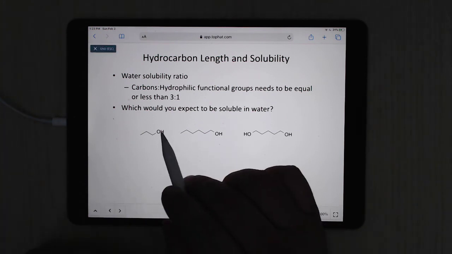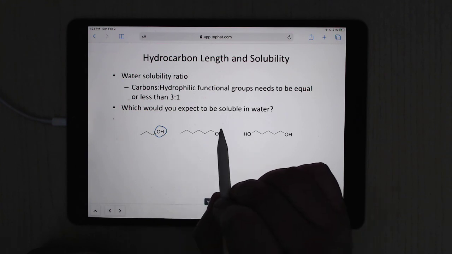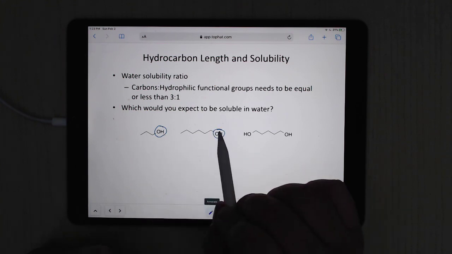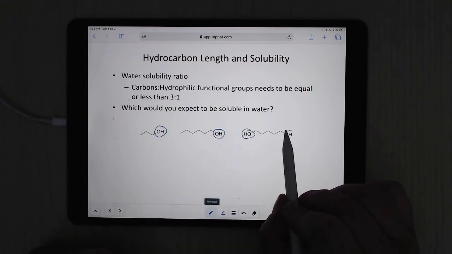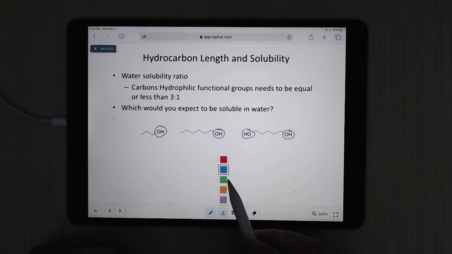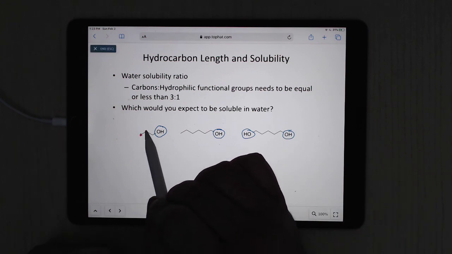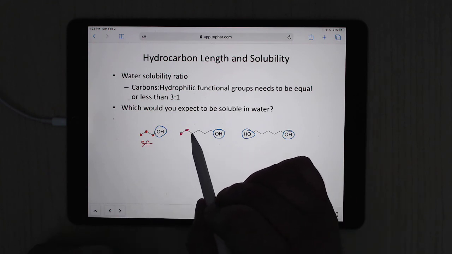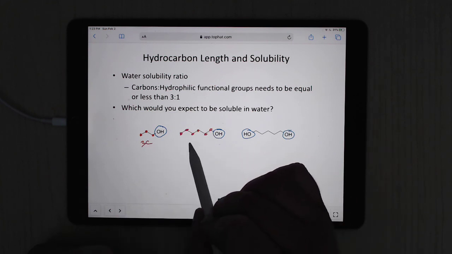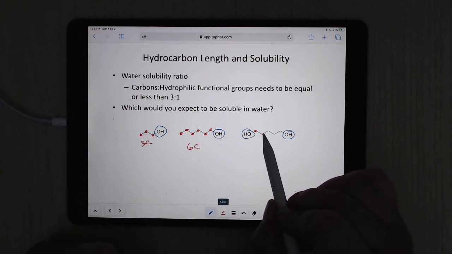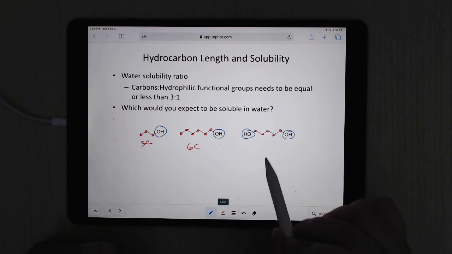If you look at this one, each of these has 1, but this one has 2. For this one, you have 1, 2, 3 carbons. This one you have 1, 2, 3, 4, 5, 6 carbons. And this one you have 1, 2, 3, 4, 5 carbons.